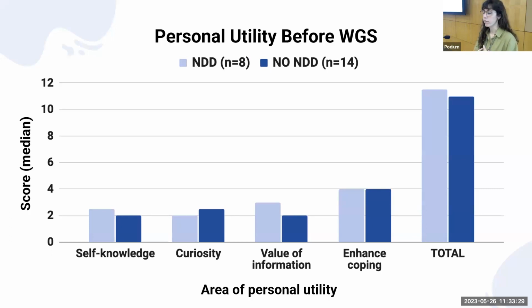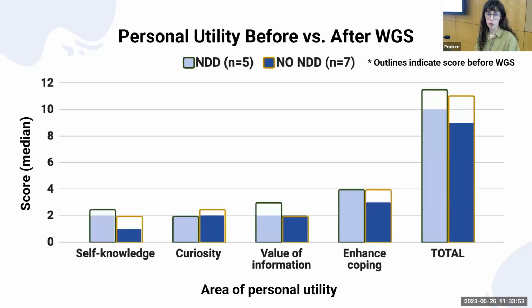So for example, self-knowledge, so thinking about knowing yourself better, identity, that was higher for people with neurodevelopmental disabilities, as was the value of information. Curiosity was on the flip side. So people who don't have NDDs actually rated that area higher, as they expect whole genome to give them more information about that area of their experience.